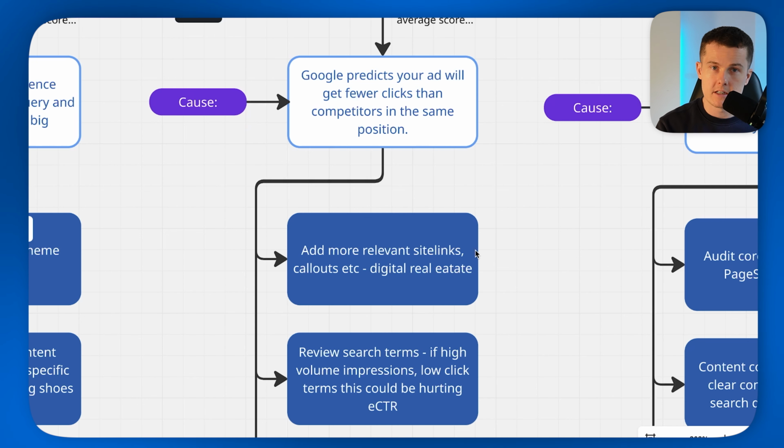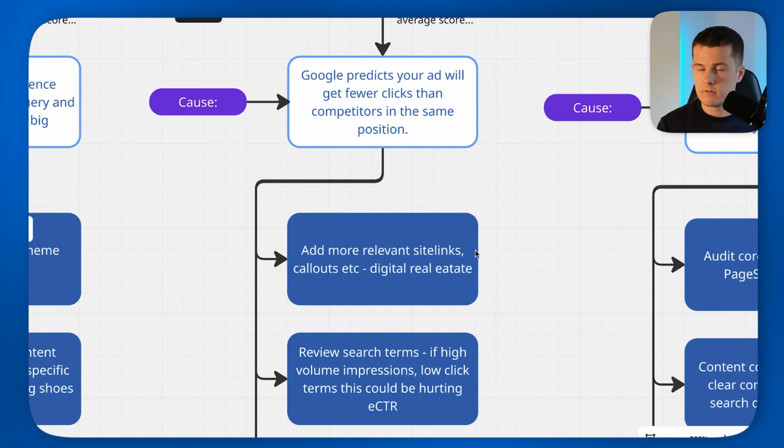Your site links can bring them into different locations. Your callouts highlight maybe some USPs or some interesting offers you might have. But the primitive side of it is that it just takes up more digital real estate. It takes longer to scroll past an ad if it has 4 or 5 site links, or 2 or 3 lines of description and callouts, and it actually increases the probability of clicking through.